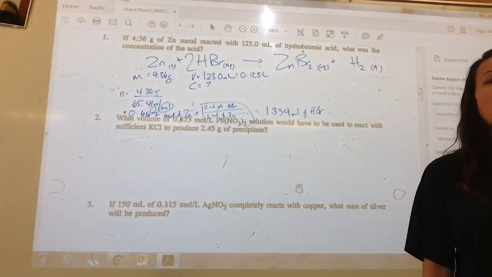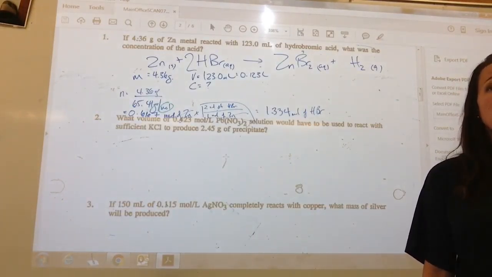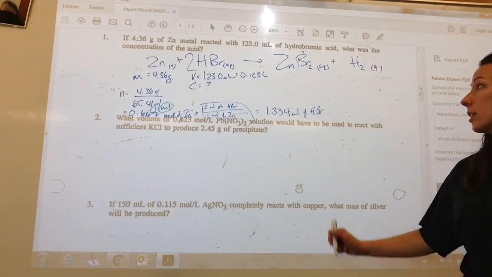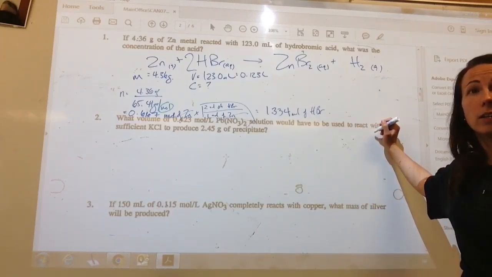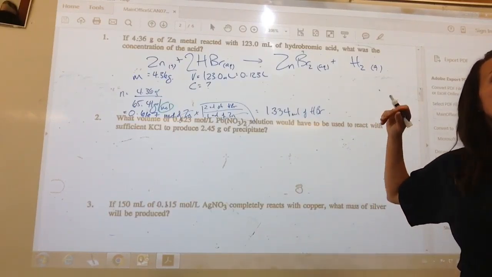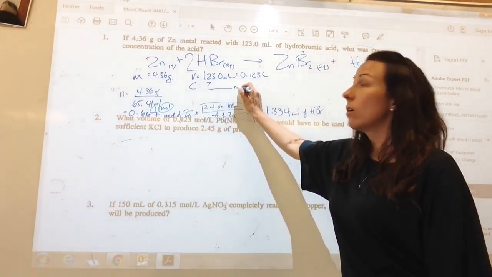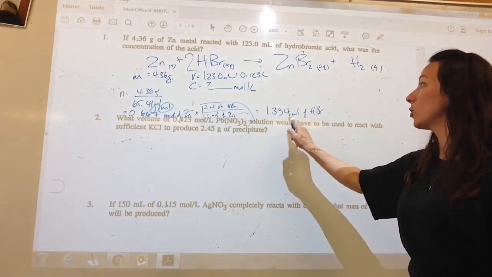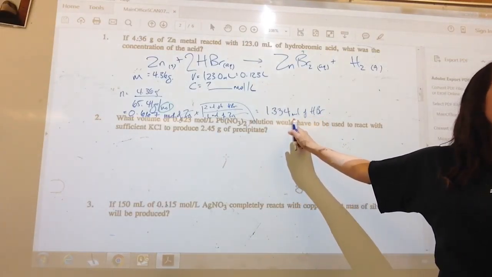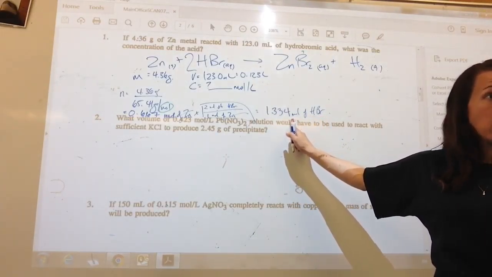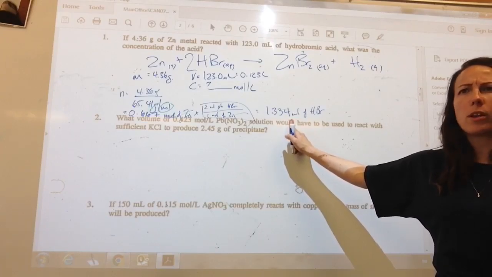And then my final step is to convert that into what they're asking for. So they're asking for concentration, right? What's the units of concentration? Moles per liter. So what am I going to do with these moles? Divide them by the liters, whether you've memorized the formula or not.